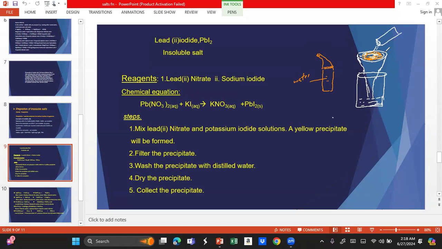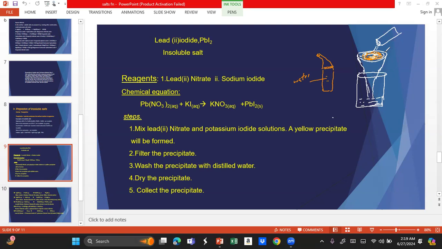if you know the important things to keep in mind, how to prepare insoluble salts. Again, I'm just giving you a summary. To prepare insoluble salts, we have to take solutions, and the method usually asked, which method will be used? You will say precipitation. They will ask you for an equation: correct formulas, correct symbols, and balancing. This is very important.